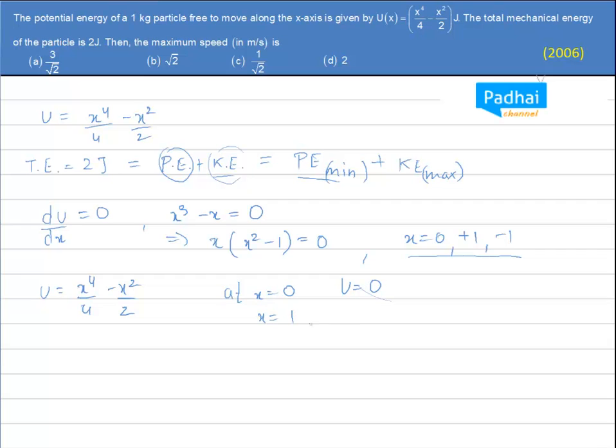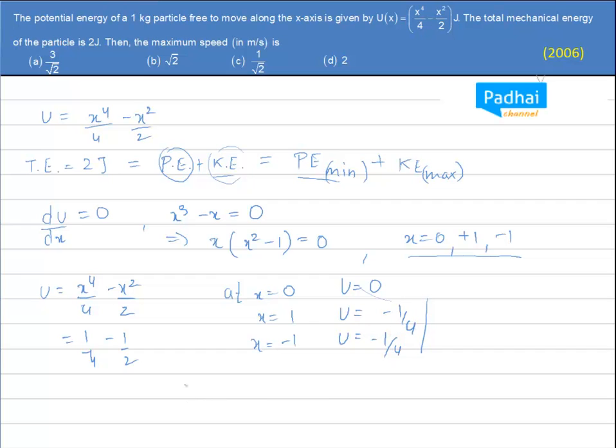At x equal to 1, u will be equal to 1 by 4 minus 1 by 2, which is minus 1 by 4. Even if I put x equal to minus 1, you will get u equal to minus 1 by 4, because these are even powers, right? So this potential energy is the minimum, right?